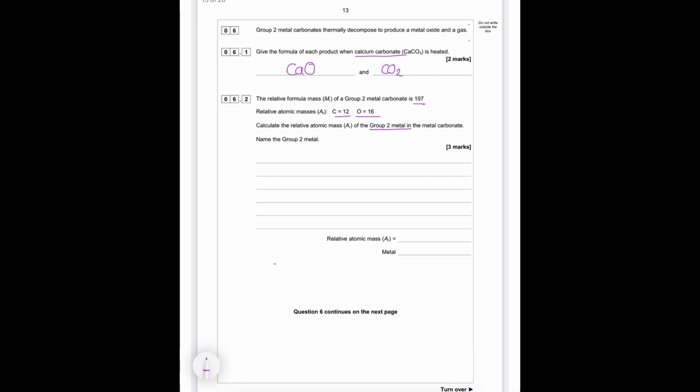So first of all, we've got to work out what the mass of the carbonate part would be. And the carbonate part of the metal carbonate is CO3. So that means we would have one carbon with a mass of 12 plus 3 times the mass of oxygen, and that gives us a total mass of 60.